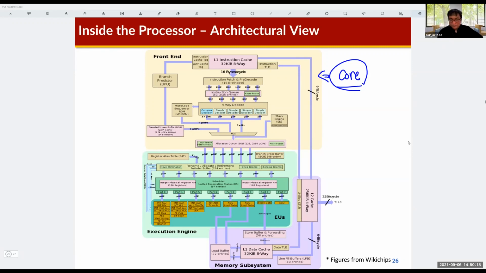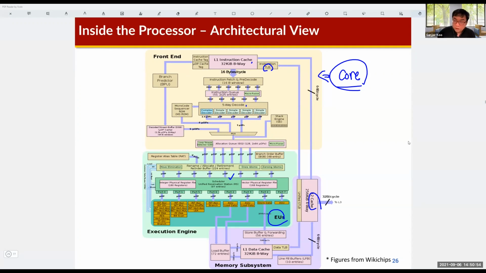But as you can see, you can find some rectangular components, like, it's a cache. What's this? It's a decode. So instruction fetch. What is EU? It's a scheduler. So another cache, TLB. So you can find many components which are represented using rectangles.